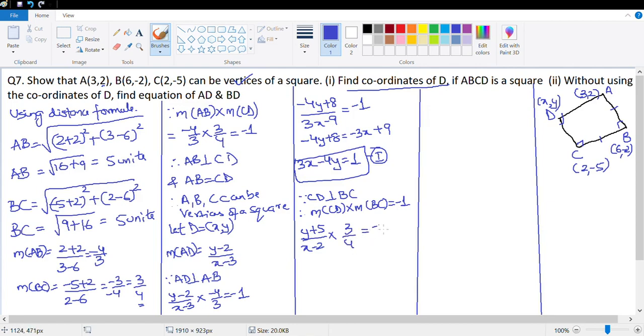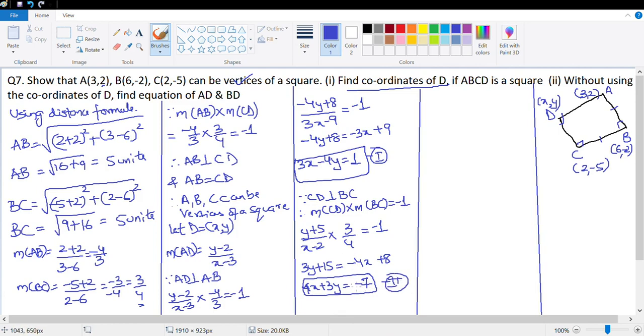This should be equal to -1. So this is 3y plus 15 is equal to -4x plus 8. Yes, -4x plus 8. Let's take x on this side, so that'll be 4x plus 3y is equal to 8 minus 15. That gives me -7. Perfect. So 4x plus 3y is equal to -7. That's my equation number 2.